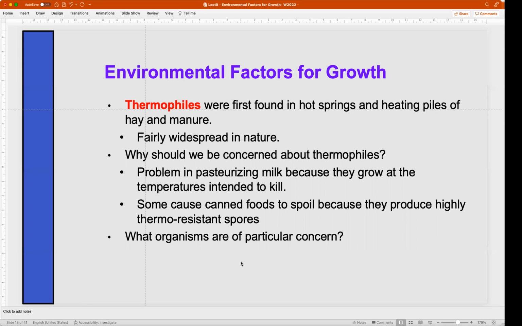I remembered that it's Clostridium tetani. Both Clostridium botulinum and Clostridium tetani have the Clostridium part of the name. Same great big family.